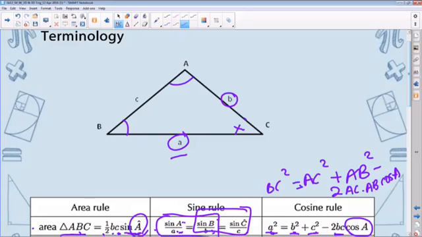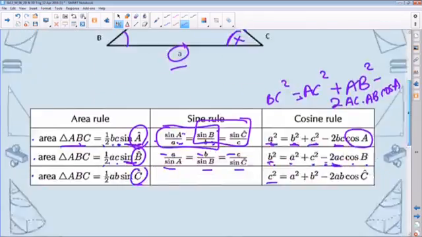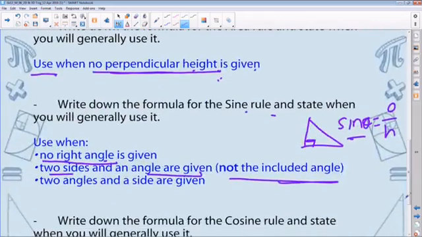So generally, your sine rule will work if you've got two angles or two sides, but not the included angle. So let's state that correctly. You will use it when you're given two sides and an angle, but not the included angle, or if you are given two angles and a side.